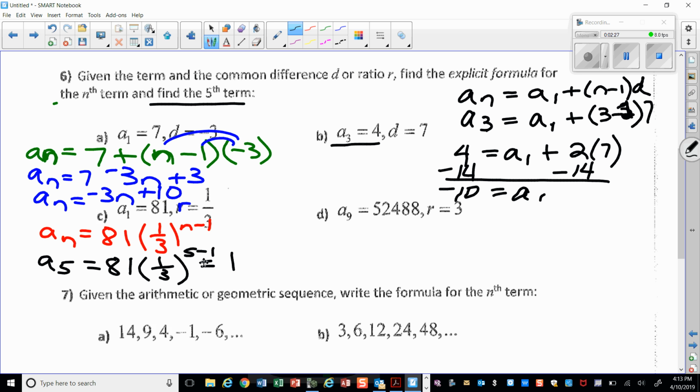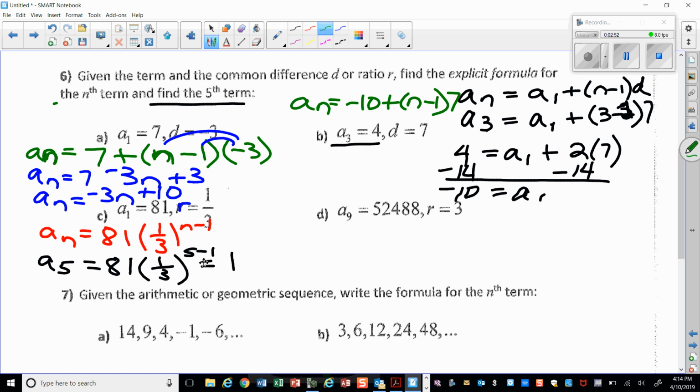Now I can write my explicit formula. So I know that a sub n is going to be the first term, which is negative 10, plus n minus 1, and then the difference is 7.